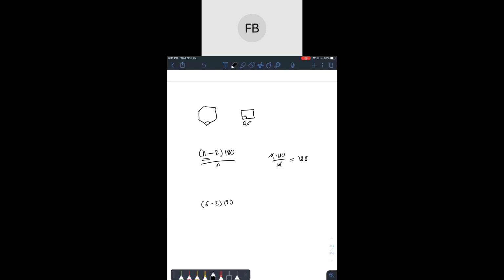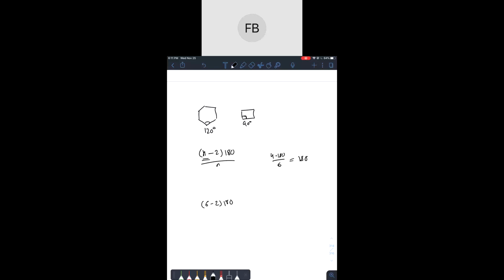So each of those angles has to be 180. Wait, is that right? No, that's wrong. It's over 6. Yeah, it's 6. Okay. So 4 times 180 over 6, that is 120. So what you said originally was right.